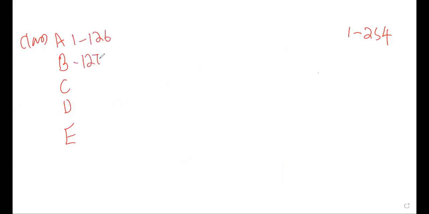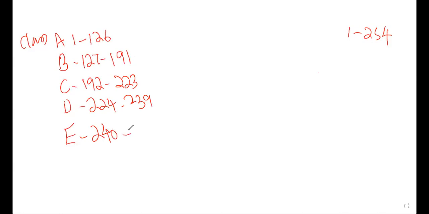Fine, we'll continue. So what we are talking about, the IPv4 total number, which we can write from 1 to 254. And these 1 to 254 are divided into class A, B, C, D, and E. So 1 to 126, 127 to 191, 192 to 223, 224 to 239, 240 to 254.